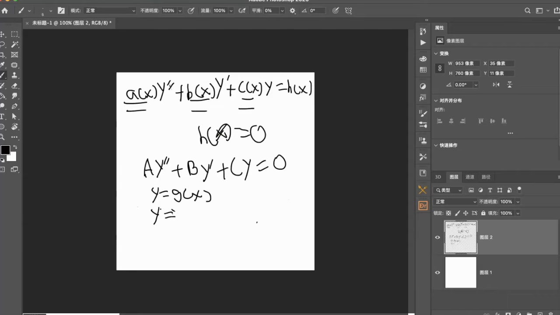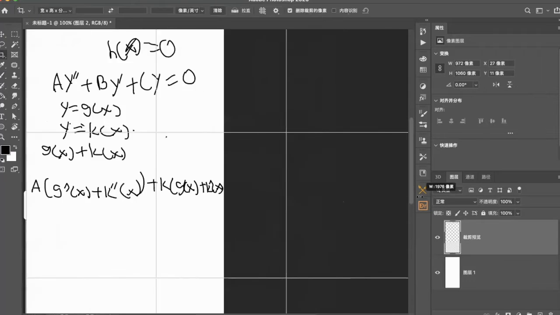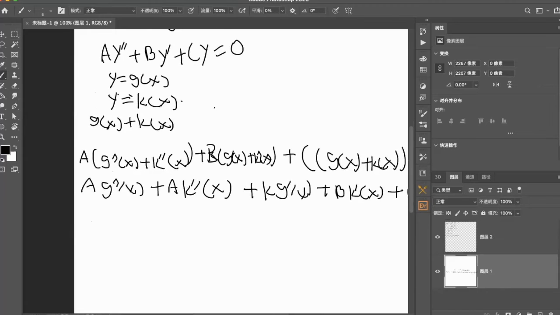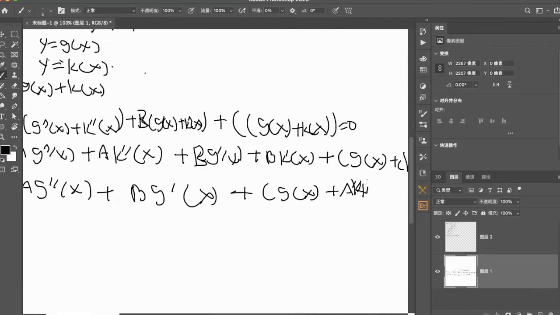Now let's look at the second property. I say y equals k of x is another solution to this equation. Then can you tell me if g of x plus k of x is a solution to this equation? So let's check it out using algebra. First we separate it, then we rearrange it.